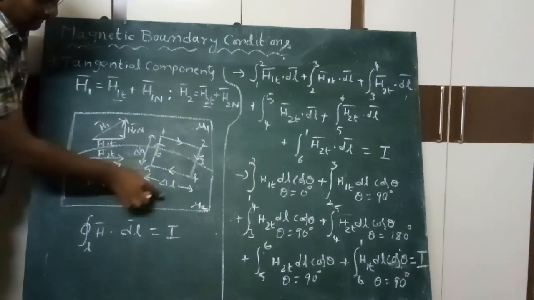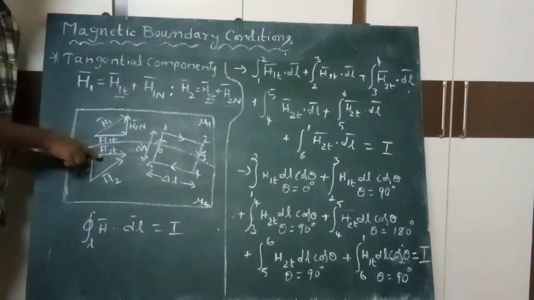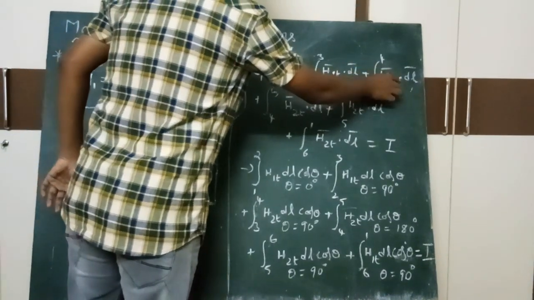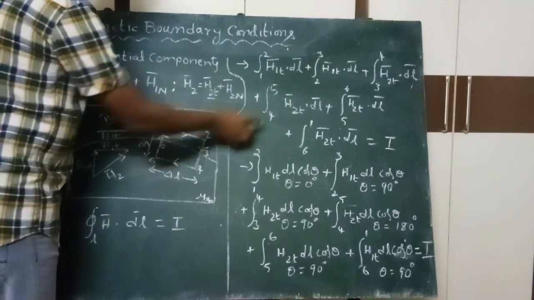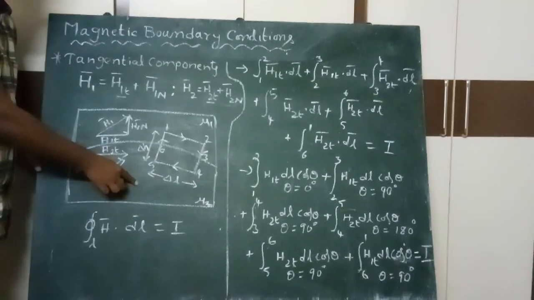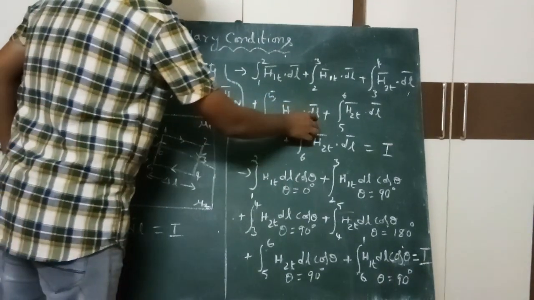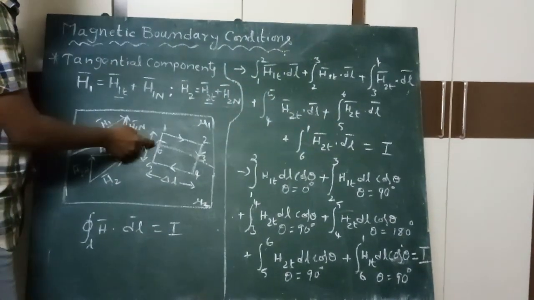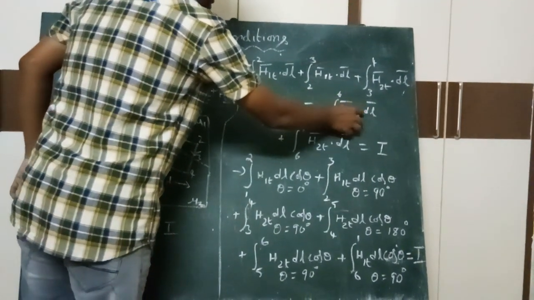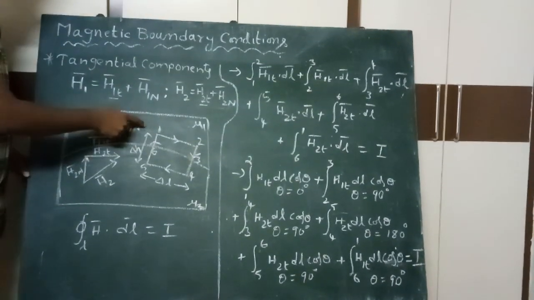This 3 to 4 is in the second magnetic material, where the tangential component is H2T, so integral 3 to 4 H2T dot dl bar, plus integral 4 to 5. This 4 to 5 is also in the second magnetic material, so we substitute H2T bar dot dl bar, plus integral 5 to 6, which is also in the second magnetic material, so integral 5 to 6 H2T dot dl bar, plus integral 6 to 1, which is in the first magnetic material.